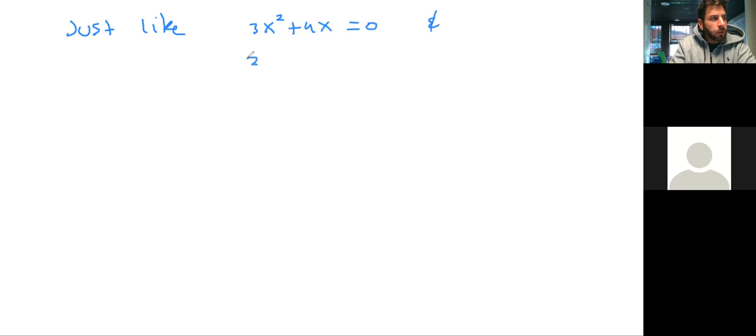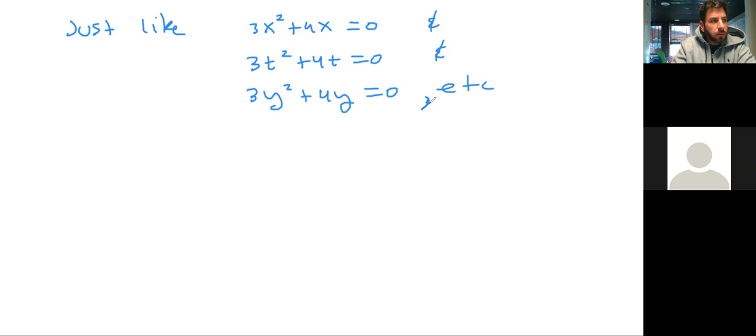So when you were in algebra class, you might have studied things like 3x squared plus 4x equals 0, and 3t squared plus 4t equals 0, and 3y squared plus 4y equals 0, etc., are the same equation. We're just using a different variable.